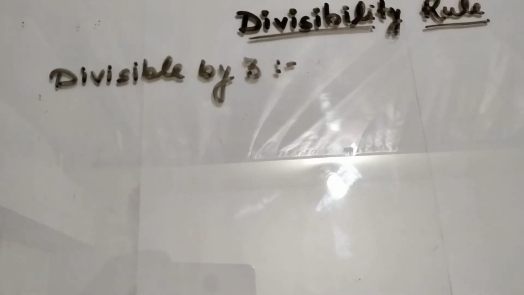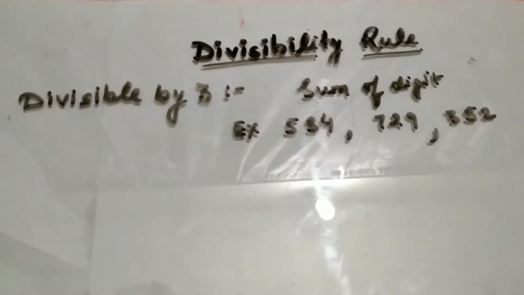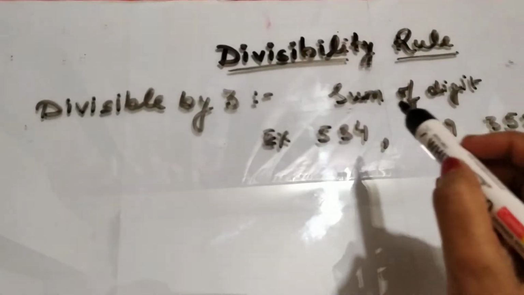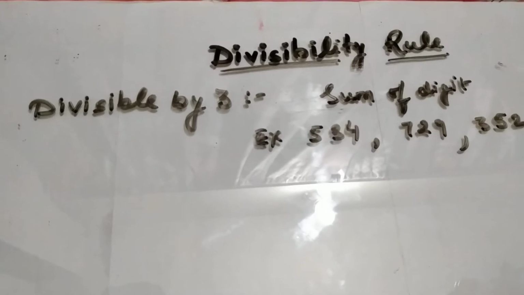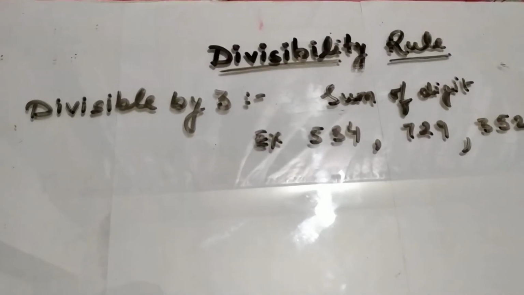Divisible by 3. If the sum of the digits is divisible by 3, then the number is divisible by 3. Here I am writing only key points. You have to write the full definition; I am speaking the full definition.